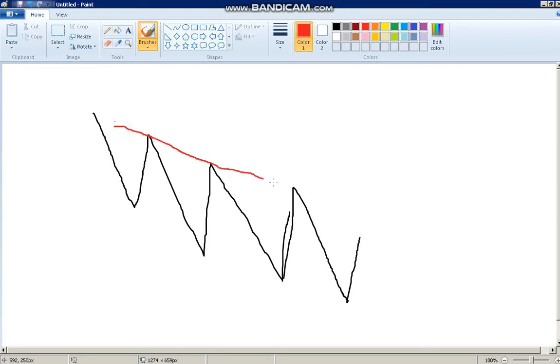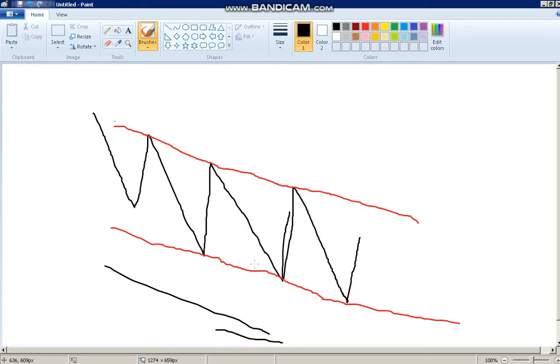So that'll be 1, 2, 3 as a straight line, then you have 1, 2, 3 as another straight line. This is what your descending channel will look like, because it's going downwards. That's your descending channel.